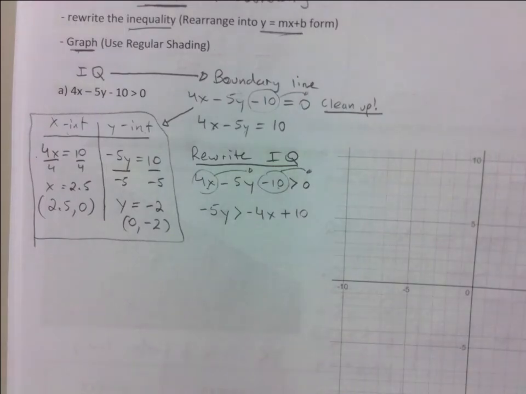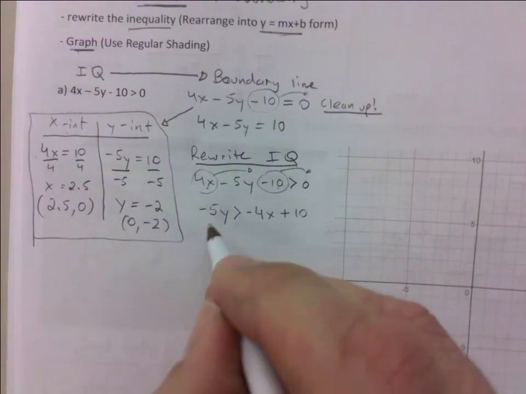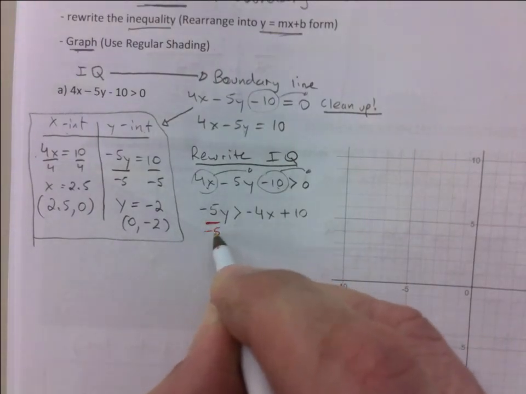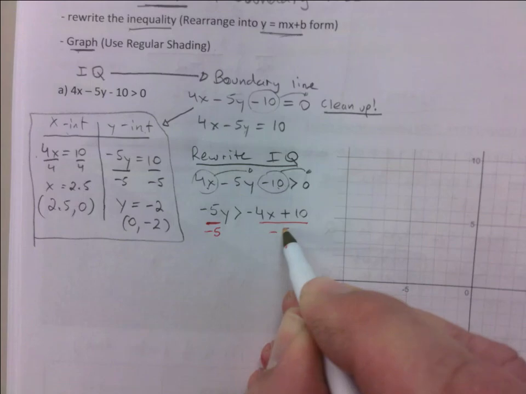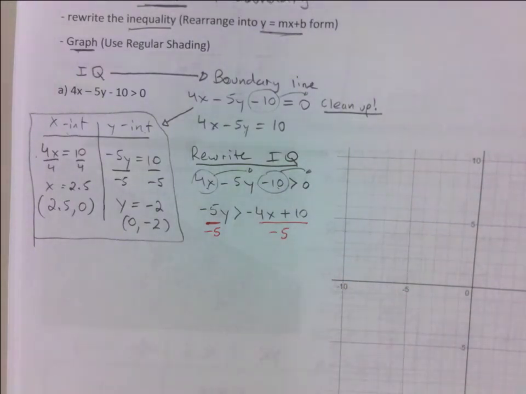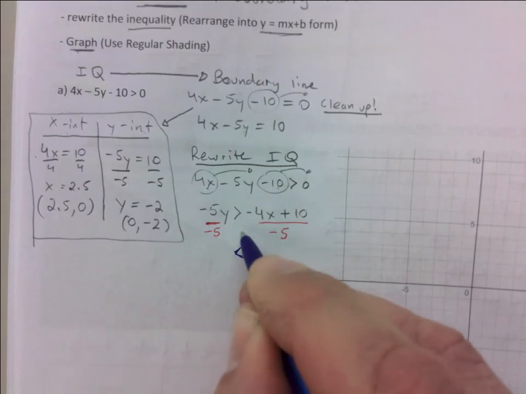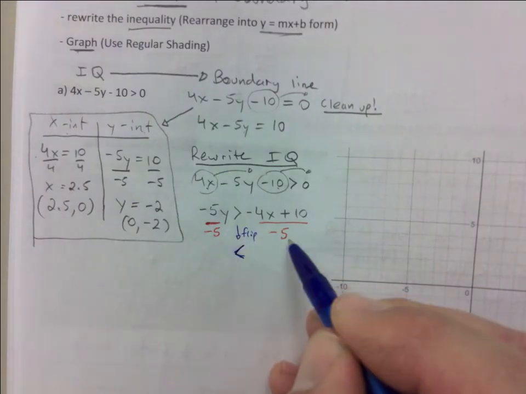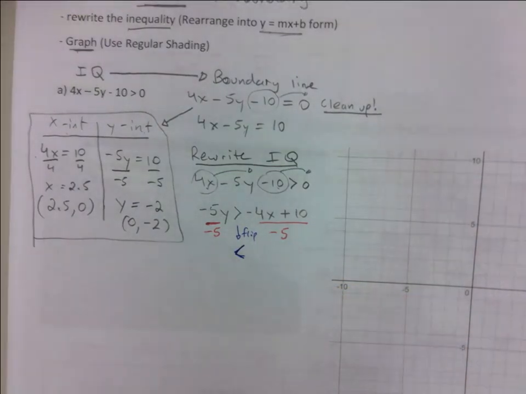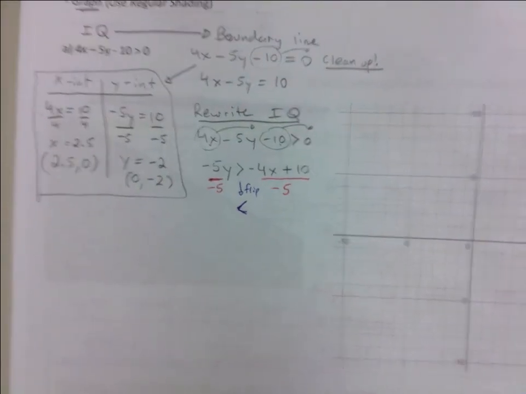And now what? Divide by 5, right? What happens when I divide by a negative? Flip the sign. Only if you do this step where you divide by a negative. Okay? Don't flip it unless you have to.